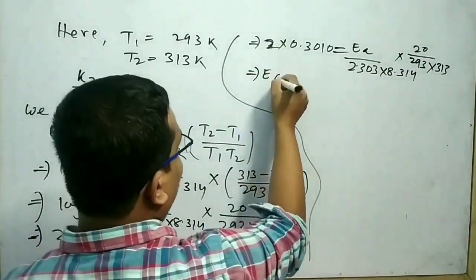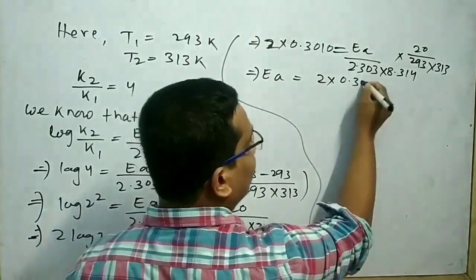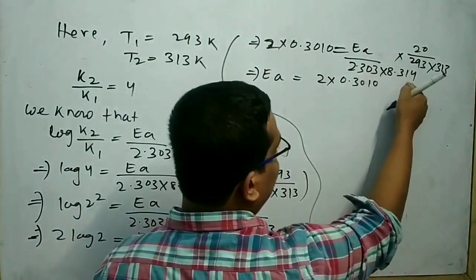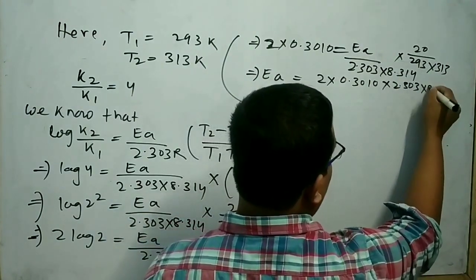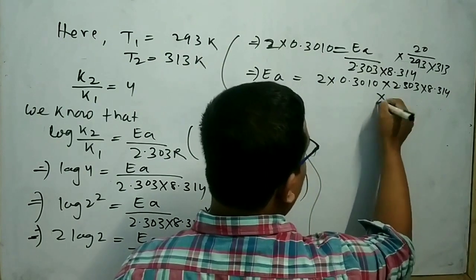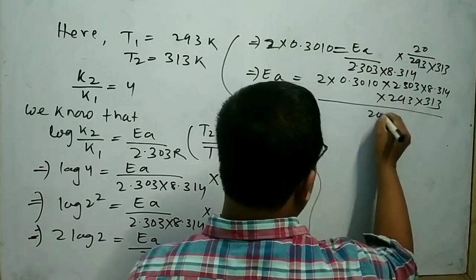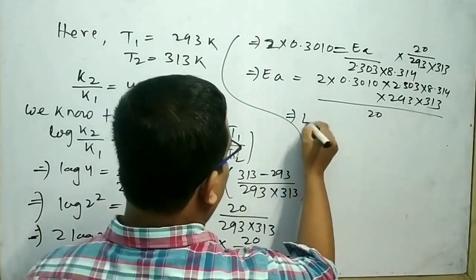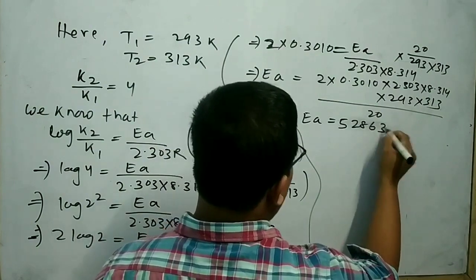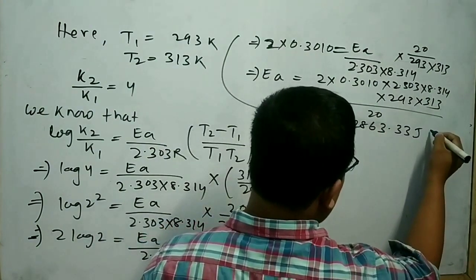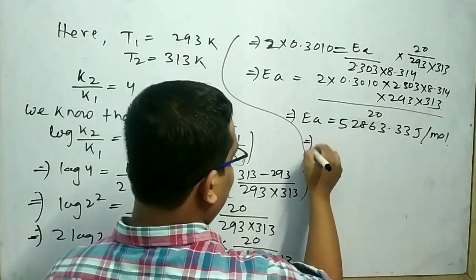This implies that Ea is equal to 2 into 0.3010 into 2.303 into 8.314 into 293 into 313 divided by 20. This implies that Ea is equal to 52863.33 joule per mole. We can convert the joule into kilojoule.